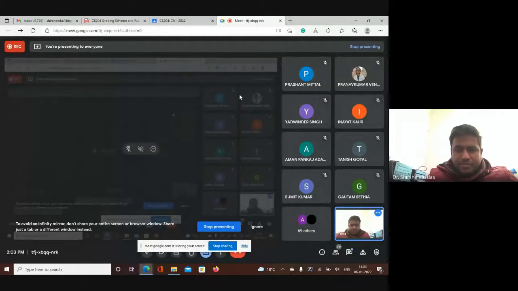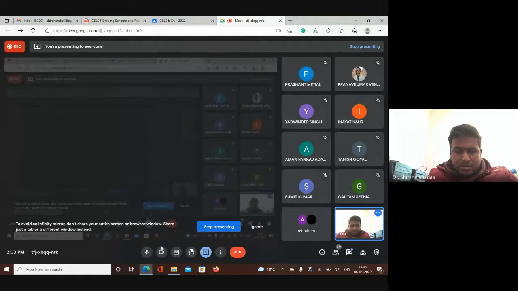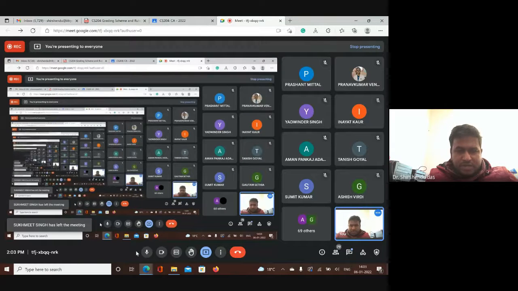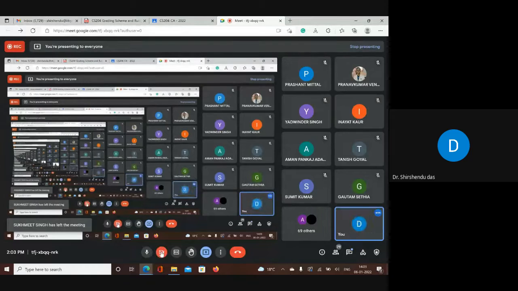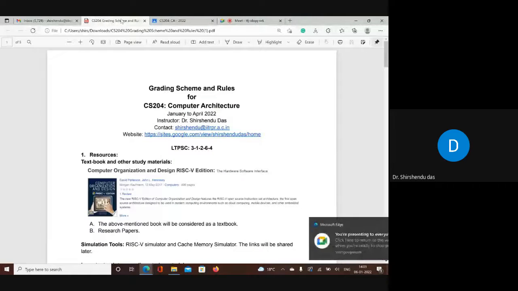Okay, so I'll turn off my camera, otherwise screen sharing will create an issue. Okay, so the camera is not here. I hope it is. Yeah, it's fine.